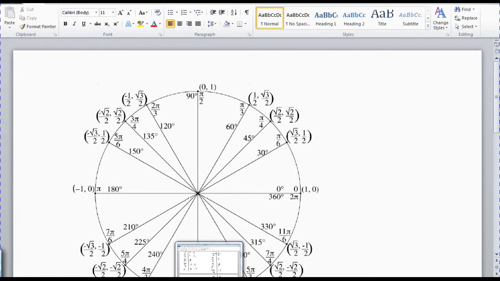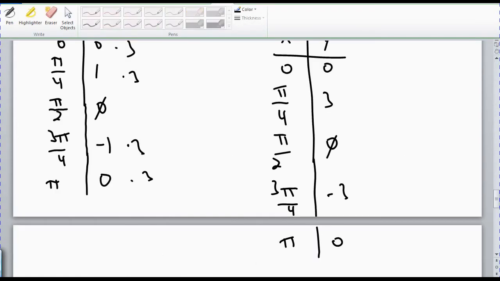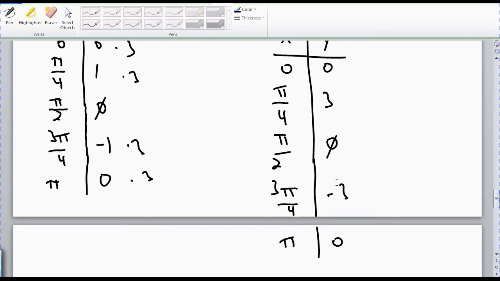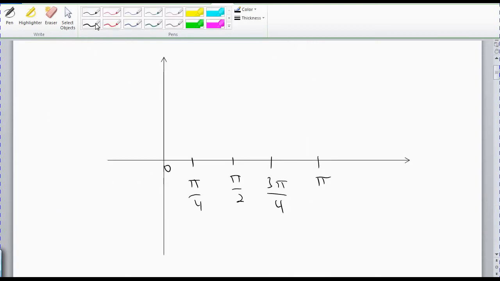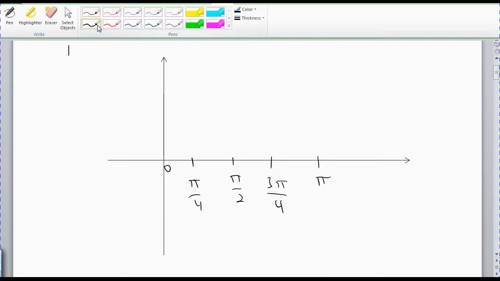I want to make sure I'm looking at the right things. Now, I'll see this at pi halves is an asymptote. So I'm going to draw an asymptote at pi halves. And then that's going from 1 to negative 1.